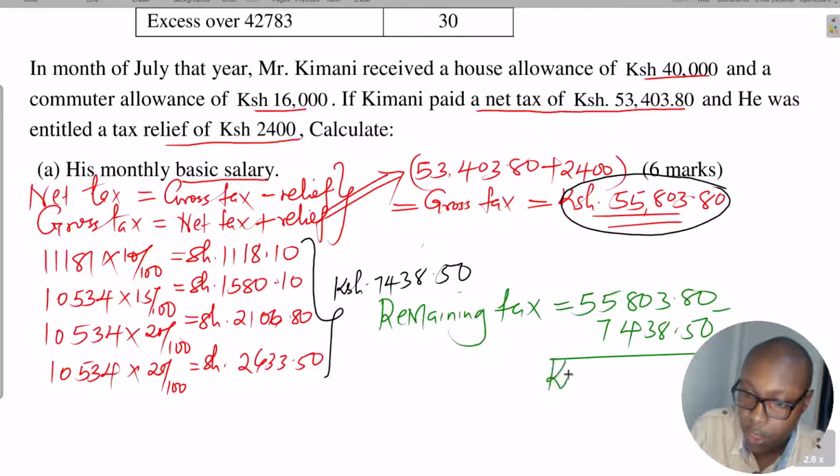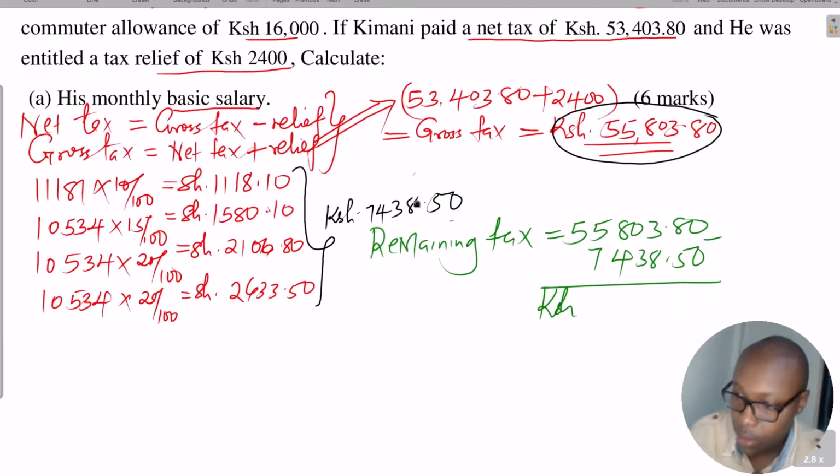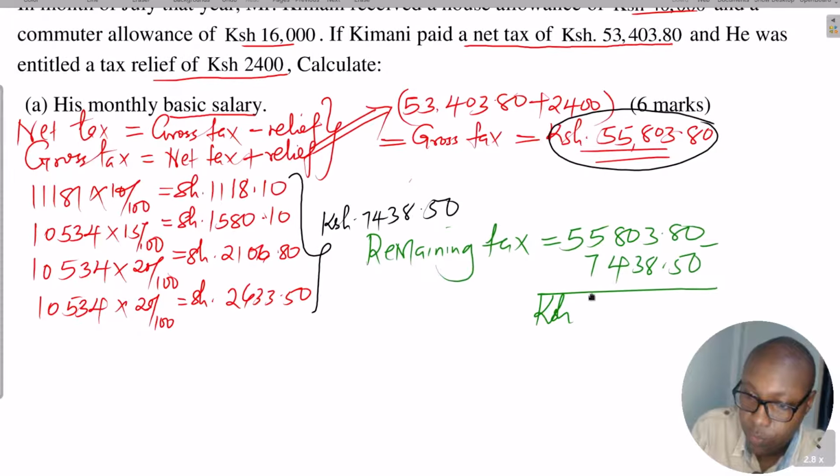When you subtract these, you're going to get 48,365 and 30 cents.